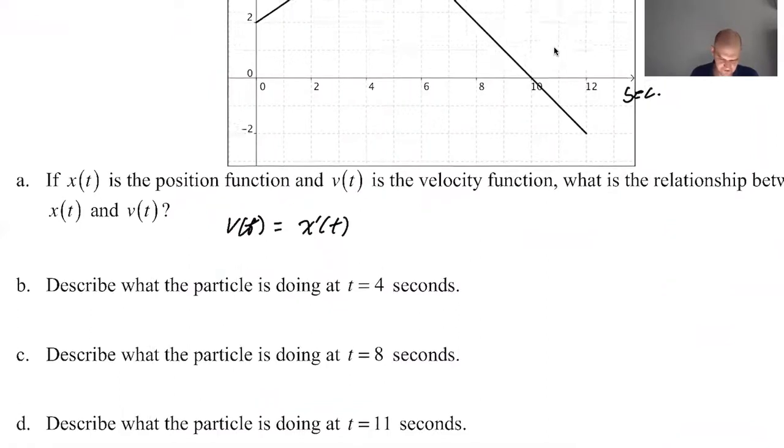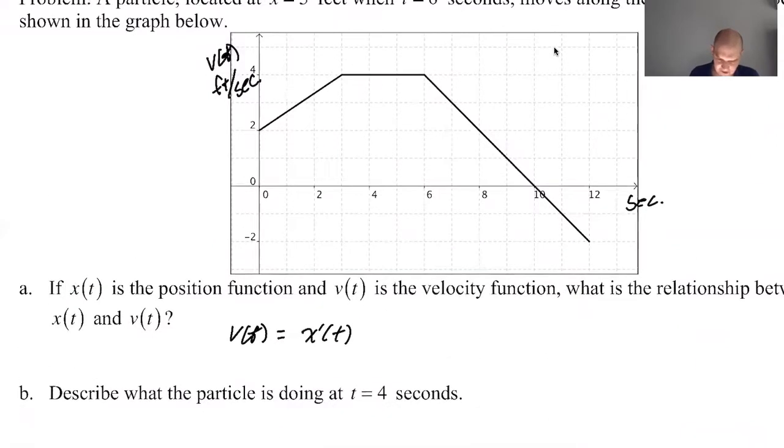Describe what the particle is doing at t equals 4 seconds. So t equals 4 is right here. The velocity is positive because it's above the horizontal axis. The acceleration is actually 0, right? Because acceleration is the rate of change of velocity. So acceleration is the derivative of velocity, which means if velocity is horizontal, the rate of change of velocity is 0.